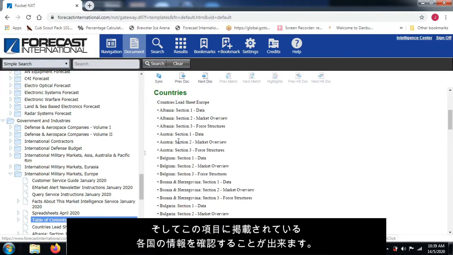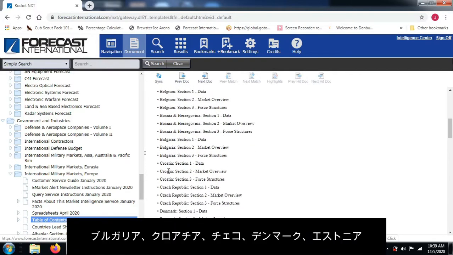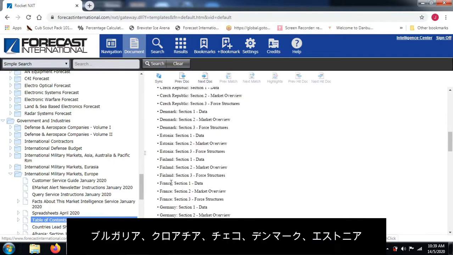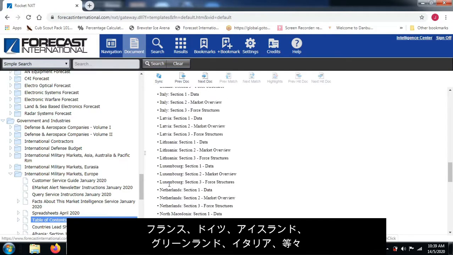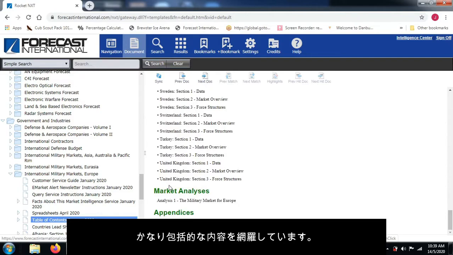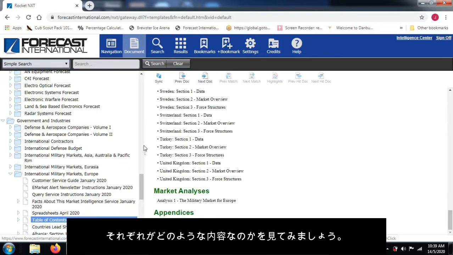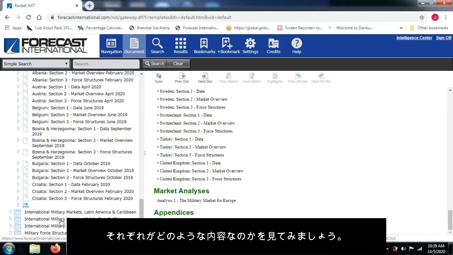And then we have a list of the different countries that are included in this particular online intelligence service. Bulgaria, Croatia, Czech Republic, Denmark, Estonia, France, Germany, Iceland, Greenland, on and on, Italy. It's quite a comprehensive coverage. Okay, so let's look and see what each of these looks like.